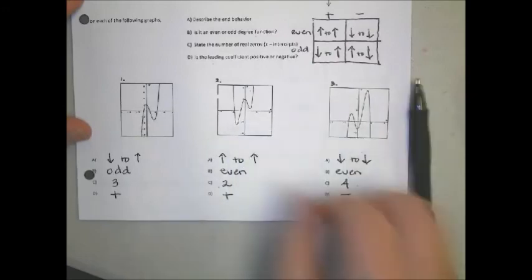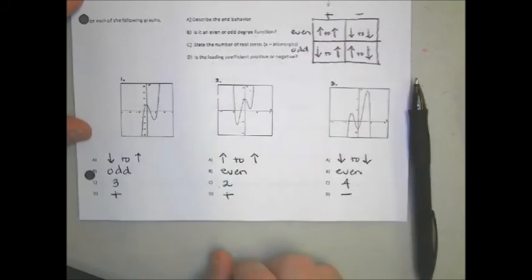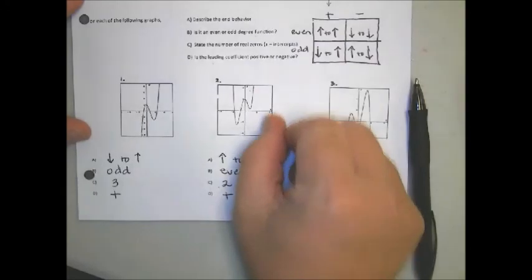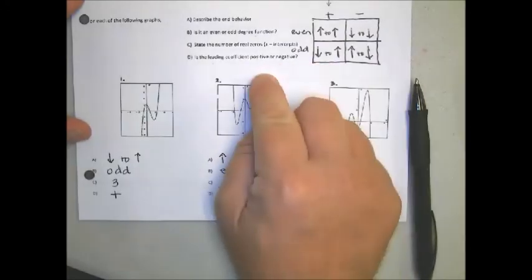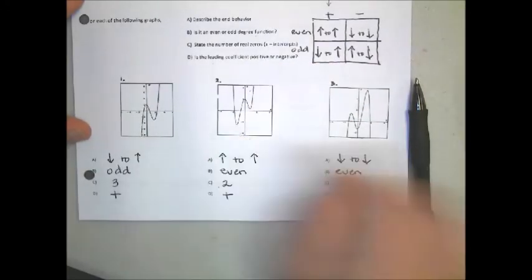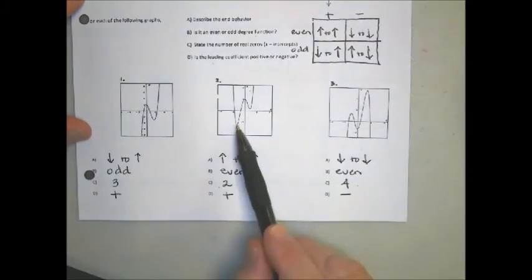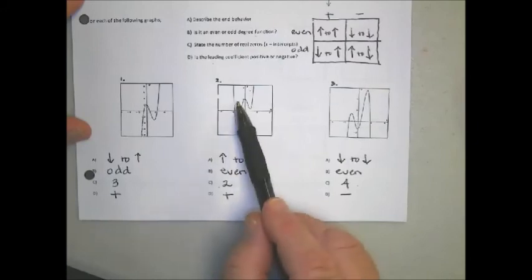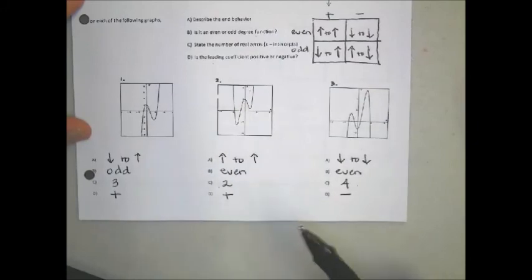Well, if we just shifted the graph up, I don't know how many units it would take, but if we shifted the graph up a certain amount of units, we could get this lowest relative minimum right there to be above the x-axis, and it would no longer touch the x-axis.